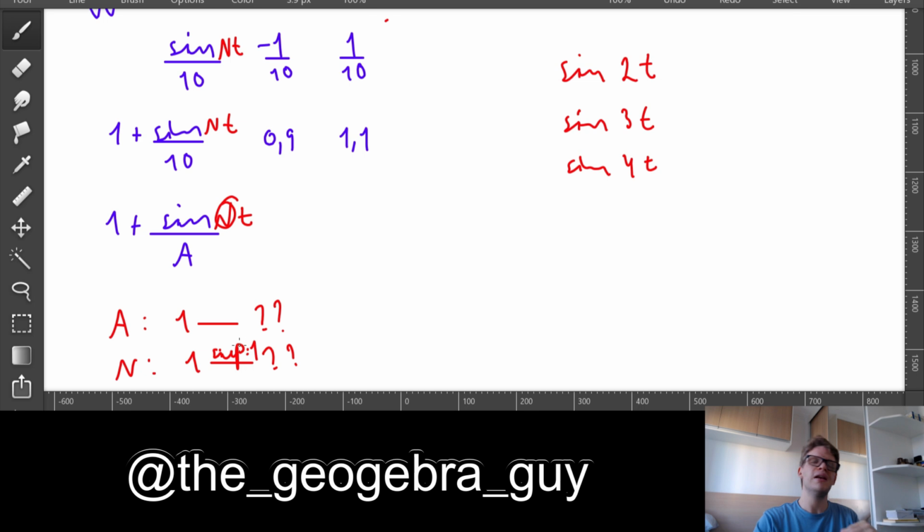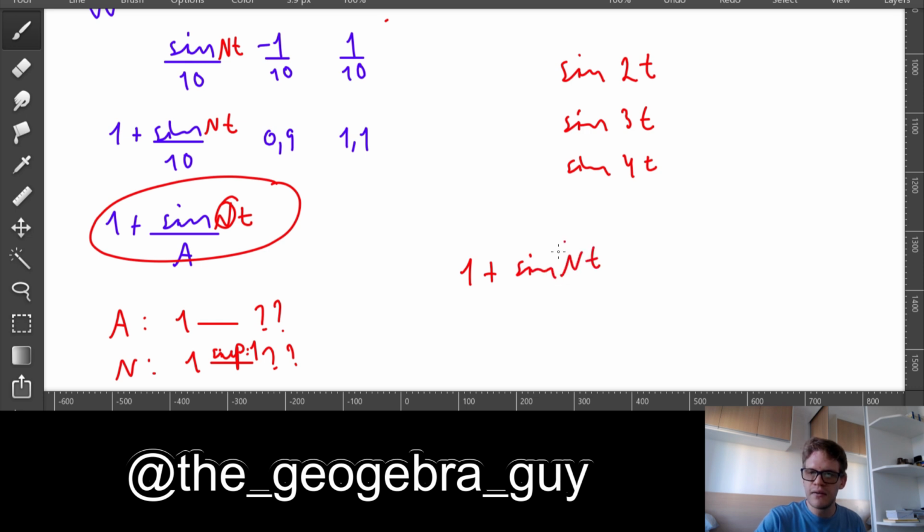N could be like 2.3, but it's gonna cause us some trouble. All right, so this is the factor that we are looking for: 1 plus sine nt over a, where n and a will be our sliders, our parameters of oscillation.